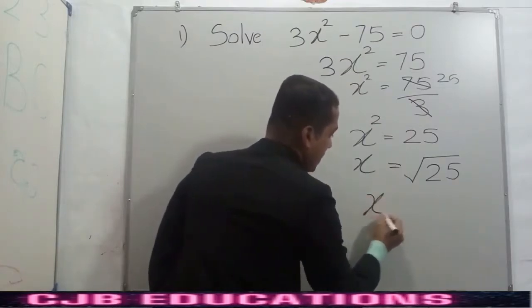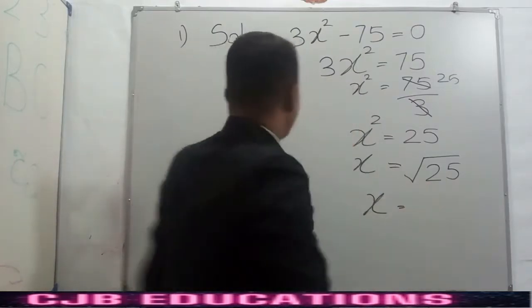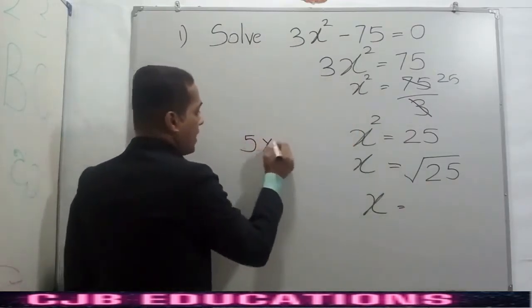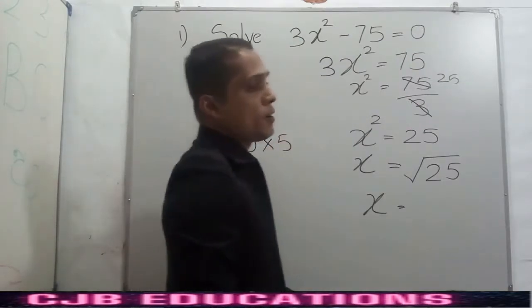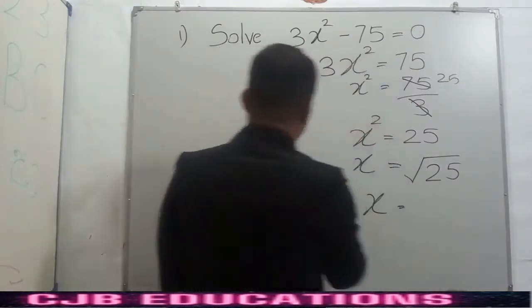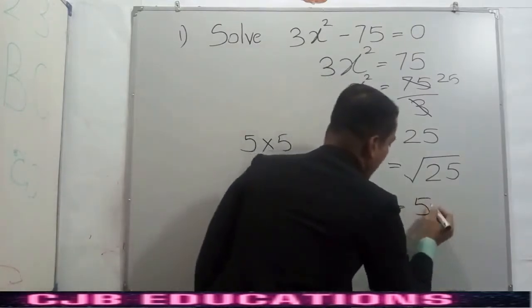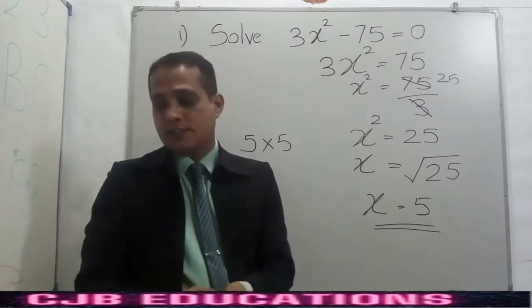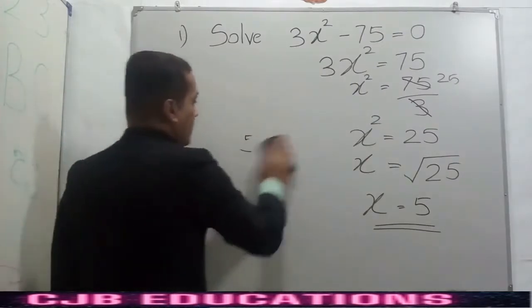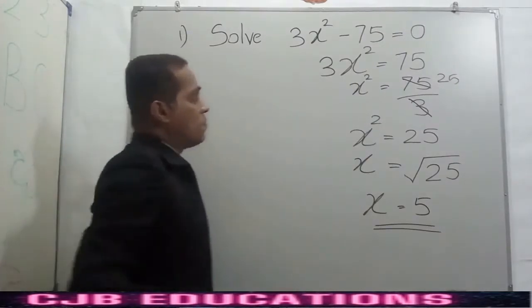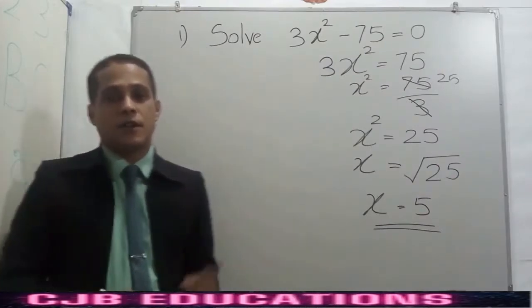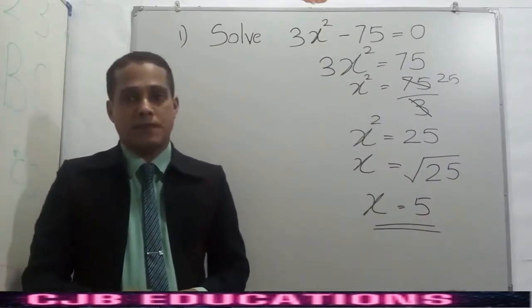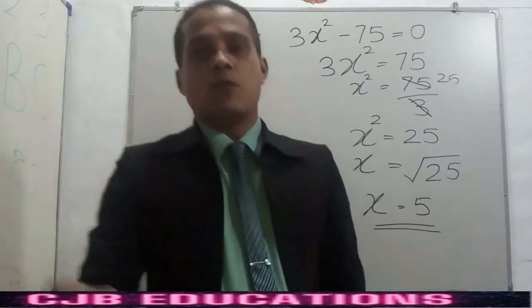Then we know 25 is 5 times 5, and 5 times 5 is 5 to the power of 2. Then we can write x equal to 5. For this first question, you can get 2 marks in your exam paper. Okay, we will move to the next question.